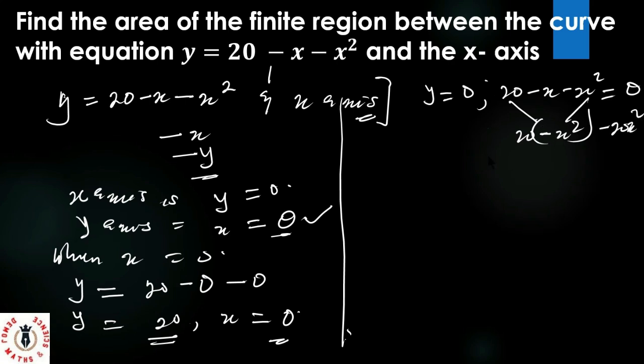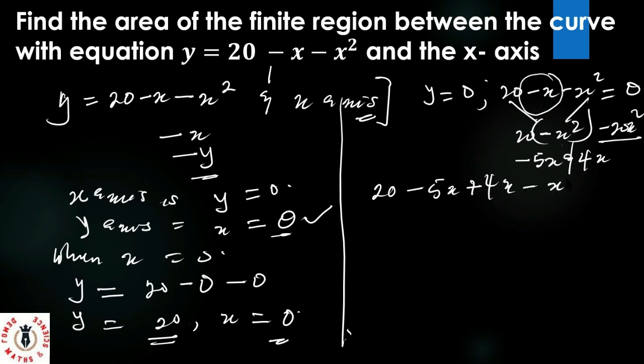I'll be looking for the factors of minus 20x squared such that when you add them up, you get minus x, and when you multiply those two factors, you get minus 20x squared. Those two factors are minus 5x and 4x. So my equation can become 20 minus 5x plus 4x minus x squared is equal to 0. All I've done is replace my minus x with minus 5x plus 4x.